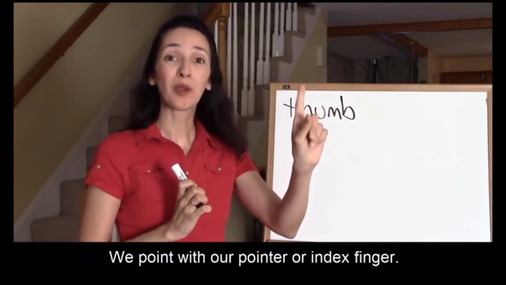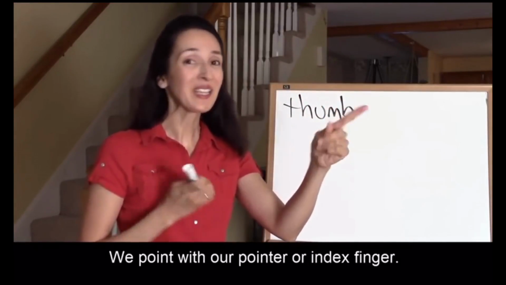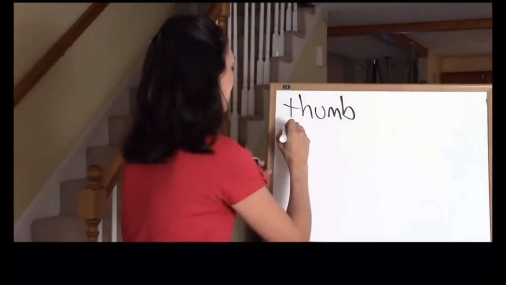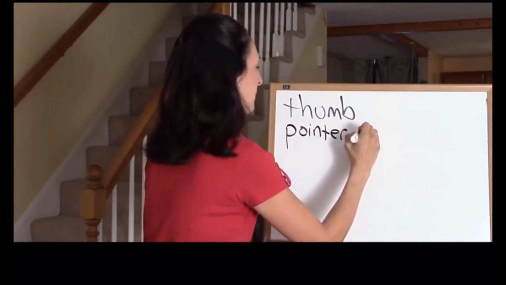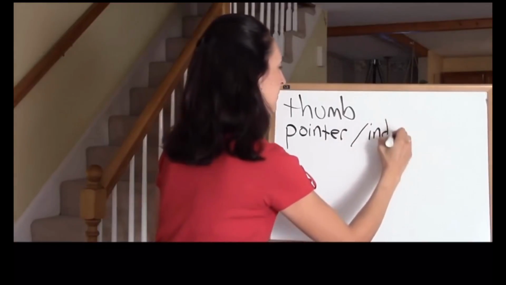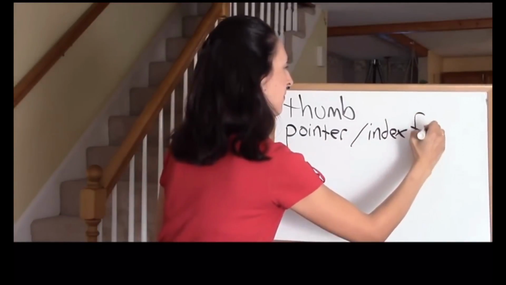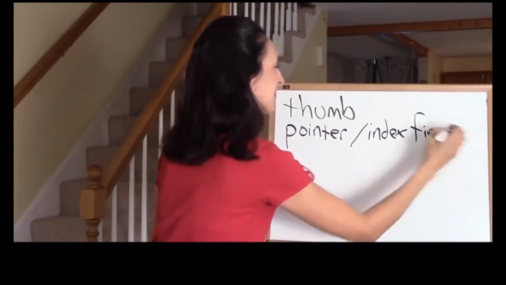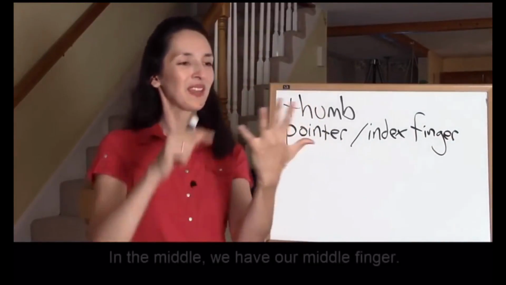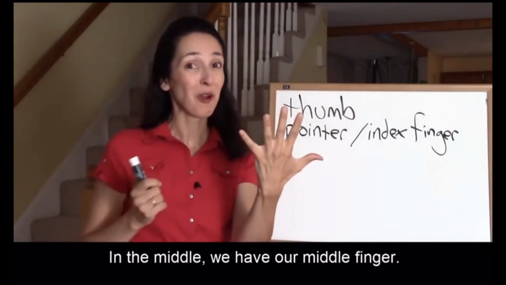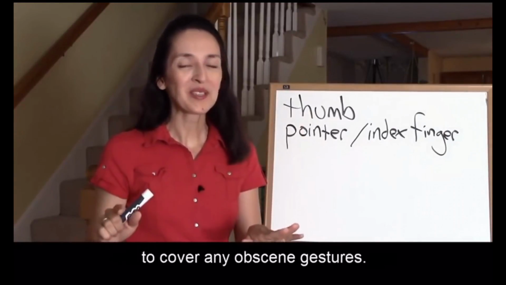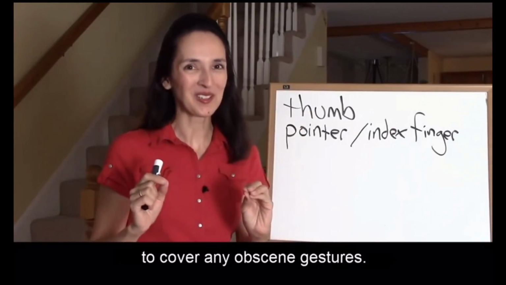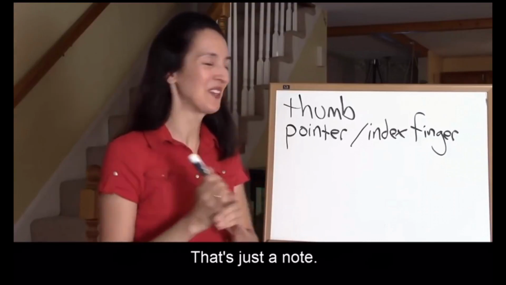We point with our pointer or index finger. Okay. In the middle, we have our middle finger. And in this lesson, I do not plan to cover any obscene gestures. That's just a note.